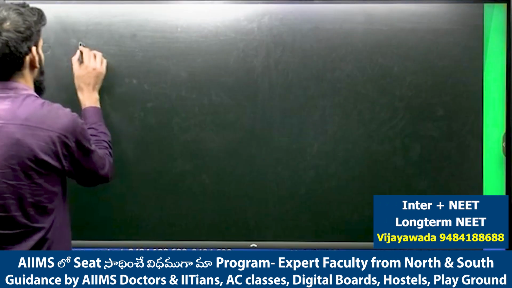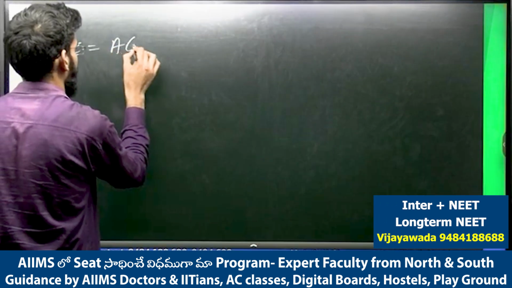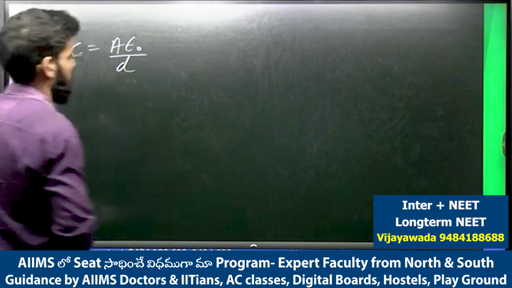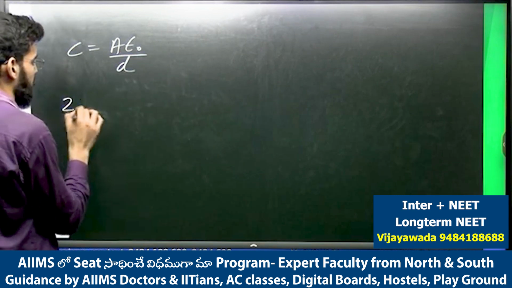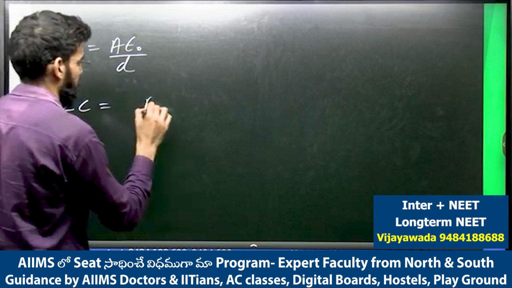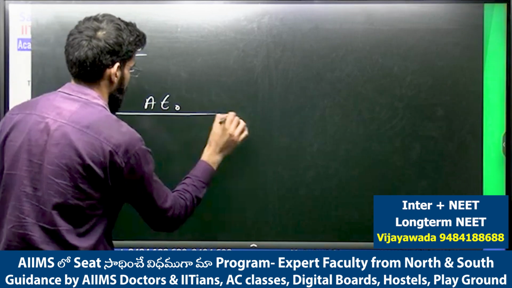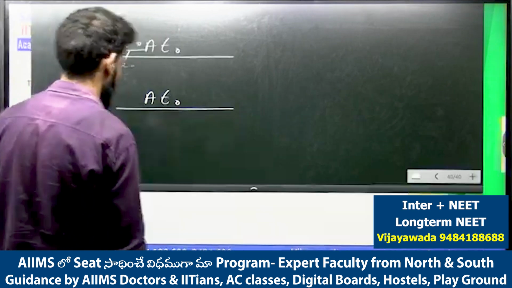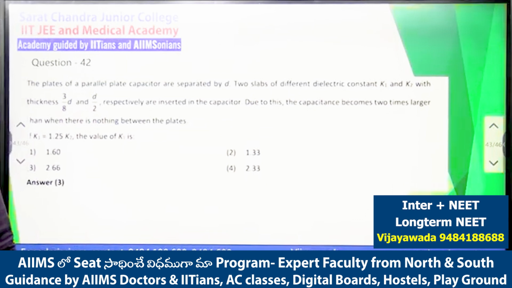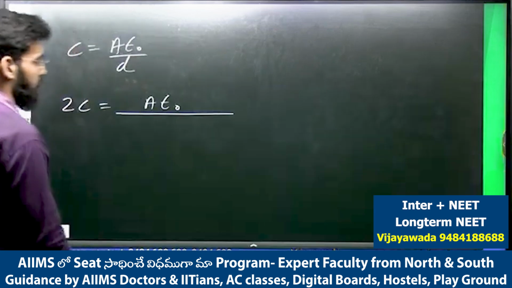Normally the capacitance formula is A epsilon naught by D. Okay. But he is saying capacitance is becoming 2C when A epsilon naught is the same. But here you have thickness added: 3D by 8 with K1. Okay. And D by 2 with K2. So how do we write that factor?